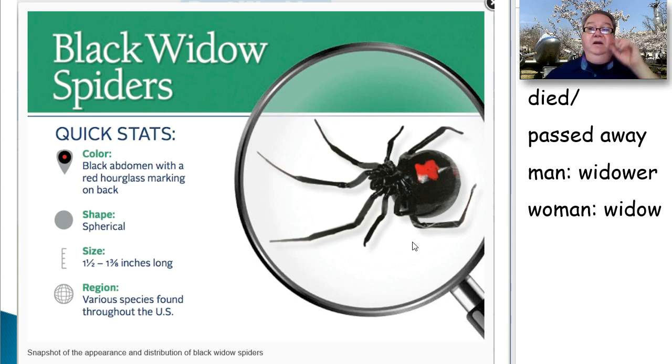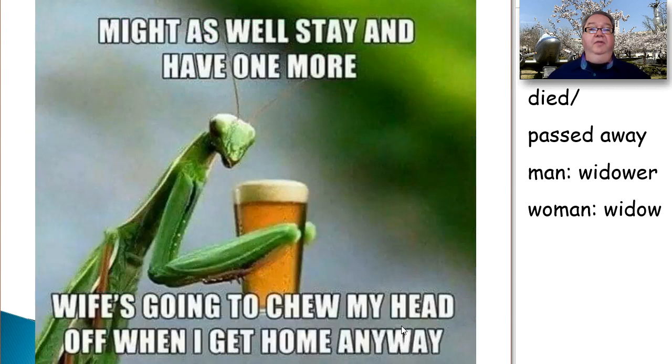So that's why, and then obviously her husband, her partner, is now dead because she killed him. So she is a widow. And of course black because of the color of the body. So black widow spider. Other species that do that would be a praying mantis.